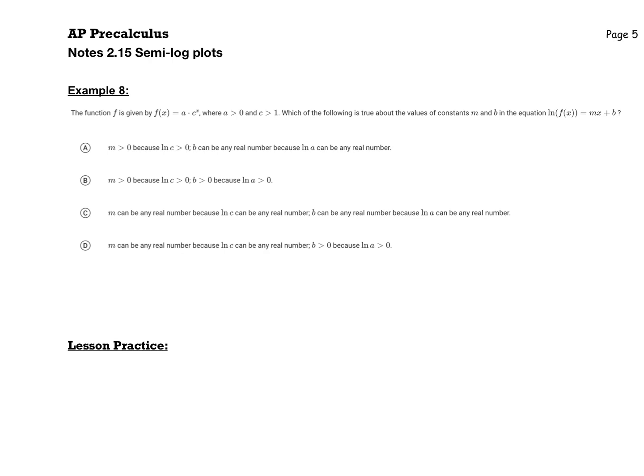Now, what I need you to understand about this problem is that they're talking about a linearization. Now, they didn't use log base 10. What did they use? They used ln. Okay, so here's what I'm going to do. I'm going to take my function, ln of f of x equals ln of a times c to the x. Start there first, sorry.